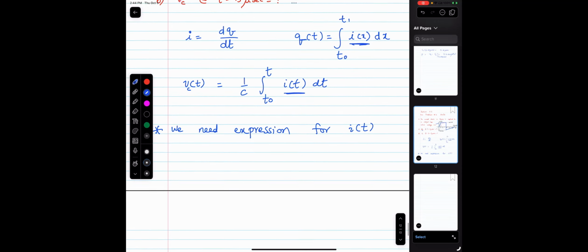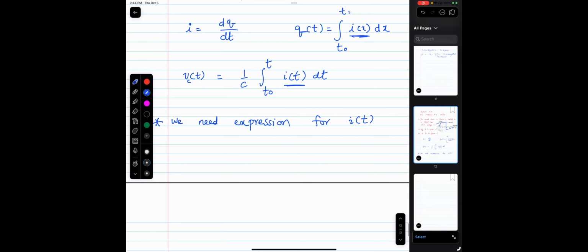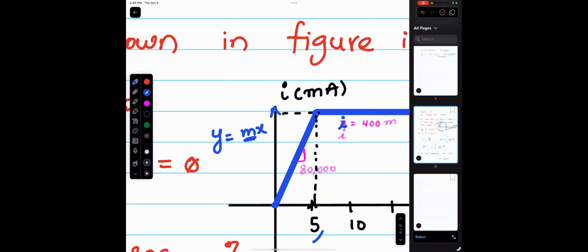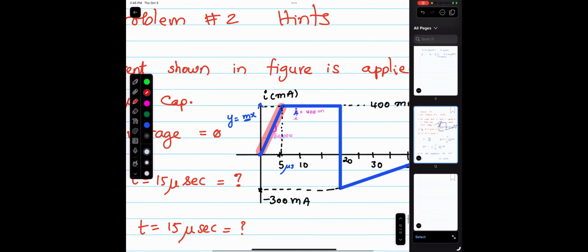Let's find out what the current expression is in the interval of 0 to 5 microseconds. Look at this, this is 5 microseconds, right? In the interval of 0 to 5 microseconds, that is this segment, it's a straight line with slope 80k. How do I know the slope is 80k?